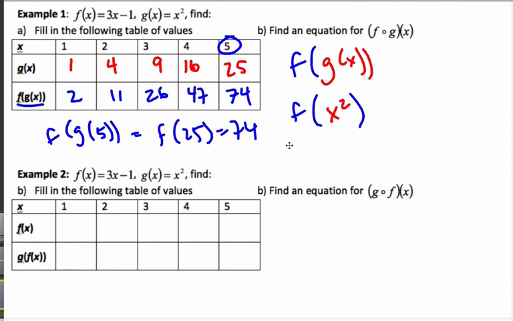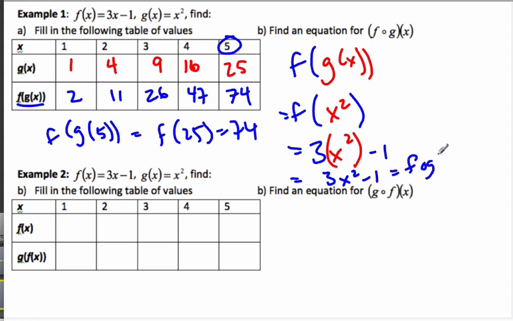X squared goes in for my x in function f now. So it's 3 times x squared minus 1, which simplifies altogether to 3x squared minus 1. And this is f of g of x.